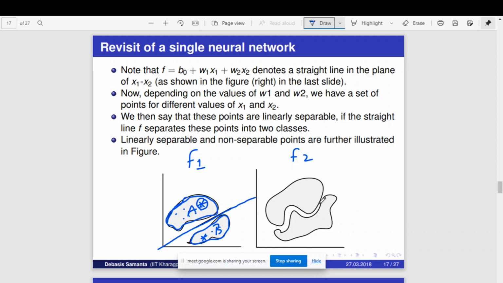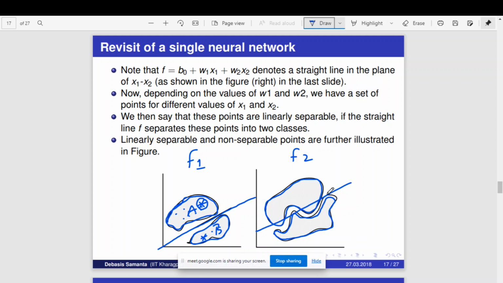But if you take this problem here, this problem is represented through this function. So this function contains two categories. Category 1 is represented like this, and category 2 is represented like this. Now there is no straight line which can separate this perfectly. For example, if I draw a straight line like this, then there are some points of this function which will fall on the other side.